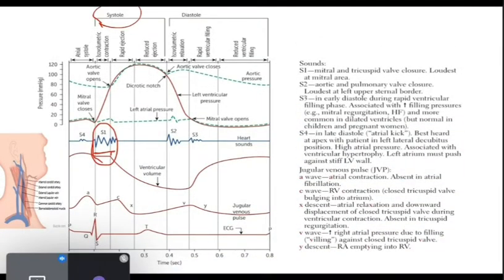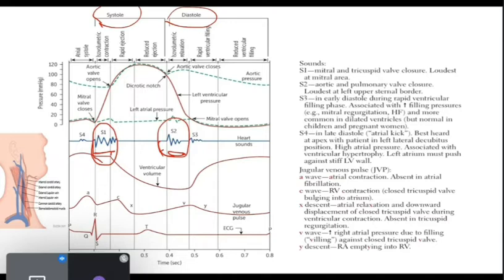So in the early diastole we have S2, the closure of the aortic and pulmonary valves, because right after the systole finishes, the aortic and pulmonary valves close. You will have S2 at the end of the systole and the beginning of the diastole.